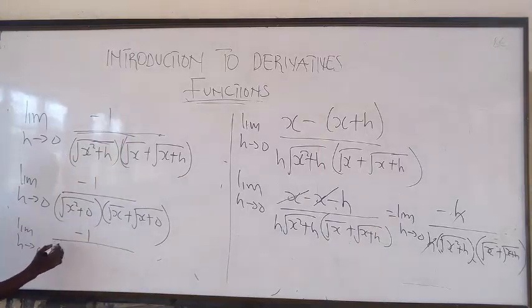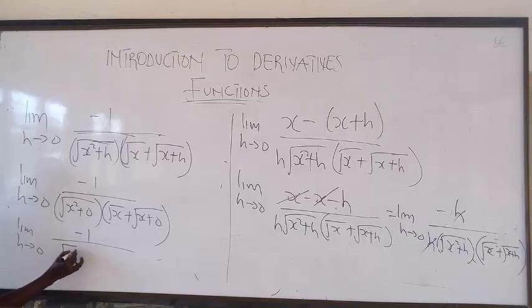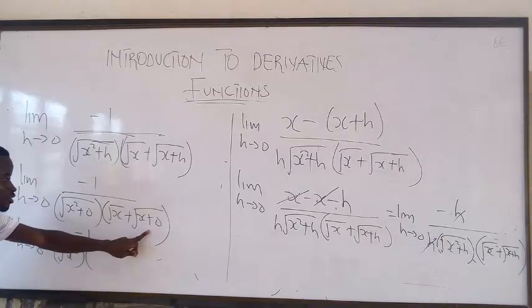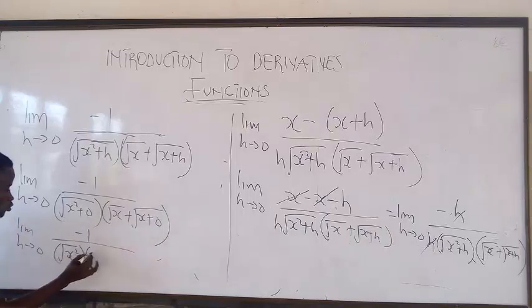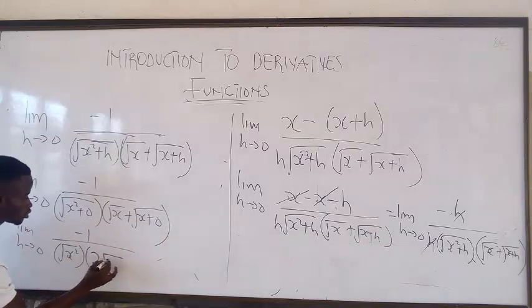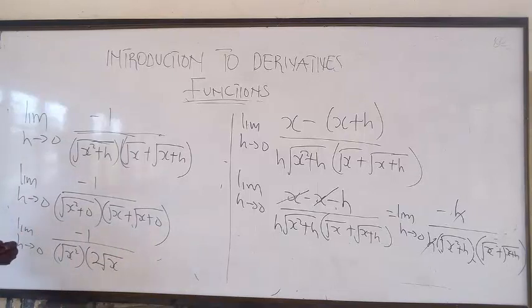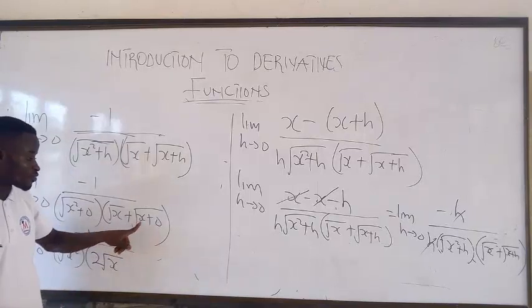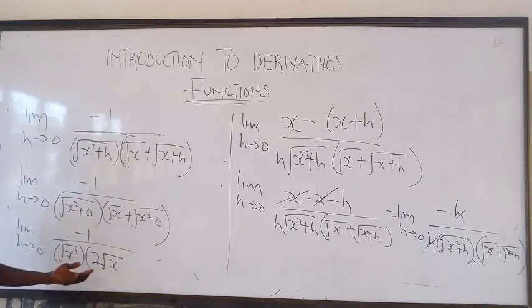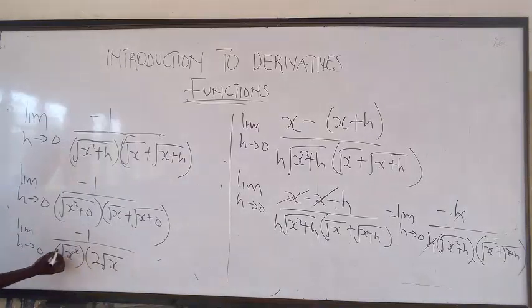This one will be x squared. Here will be raised to square root of x, because this is square root of x, that is 2 square root of what? X. So you can see that here this one will cancel this.